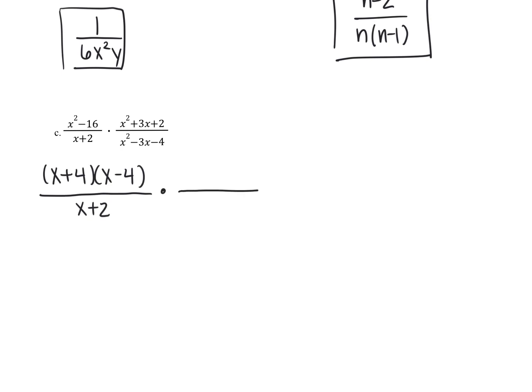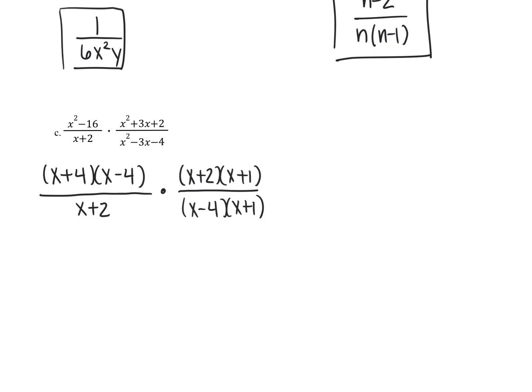Our numerator, x squared plus 3x plus 2. There's only one way to multiply to 2. That's 2 times 1, and 2 plus 1 is 3. So it factors as x plus 2, x plus 1. And then in the denominator, x squared minus 3x minus 4. I'm looking for what multiplies to negative 4 and adds to negative 3. And that's going to be x minus 4, x plus 1.